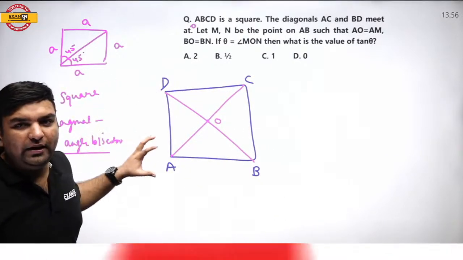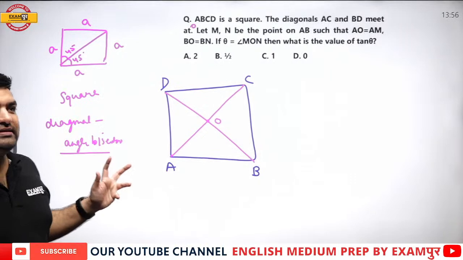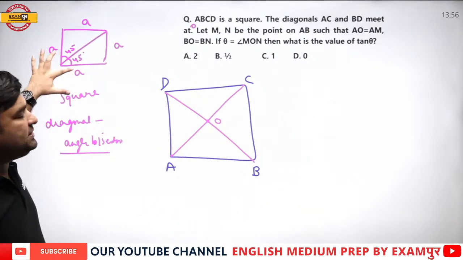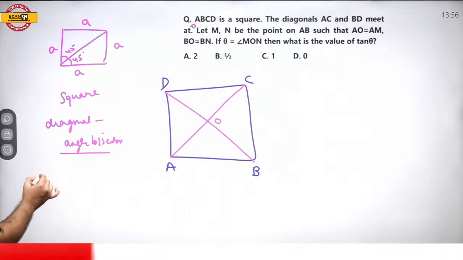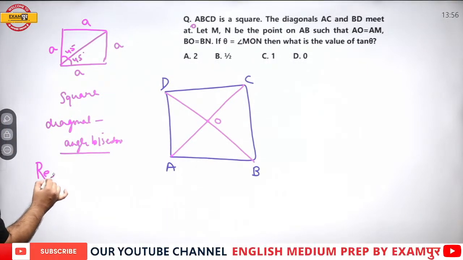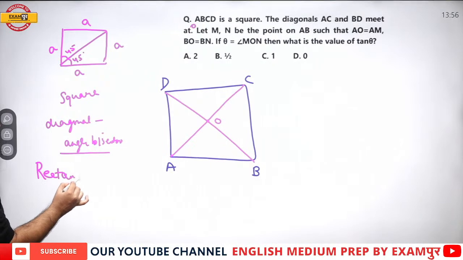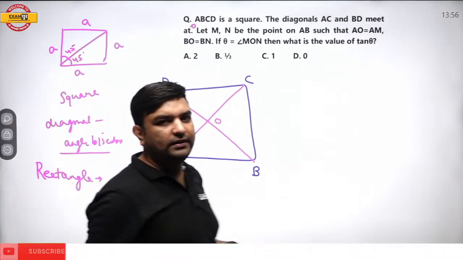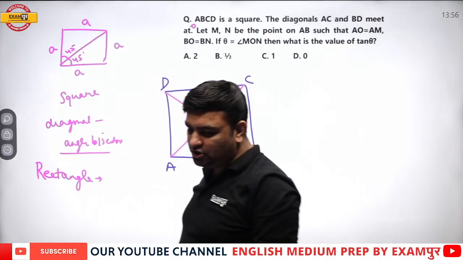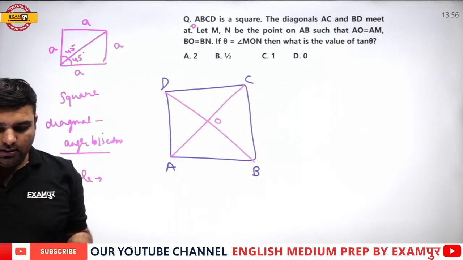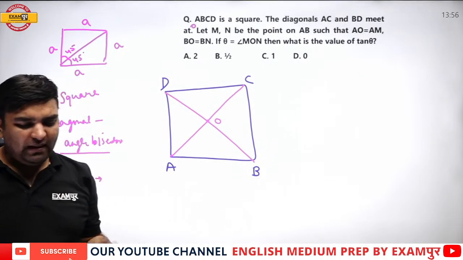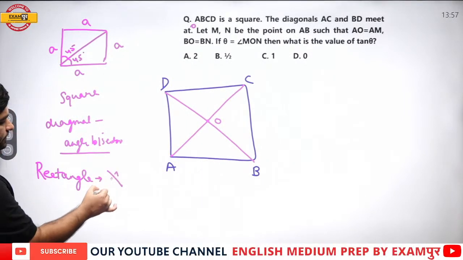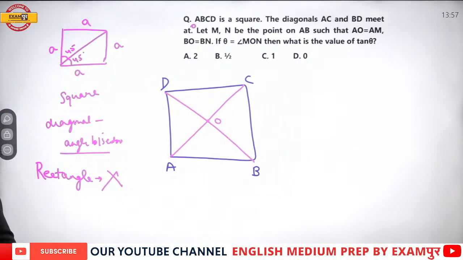Whether the diagonal would be an angle bisector or not is decided by whether these sides are equal or not. So in case of a rectangle, would it be or not? No, sides are not equal.